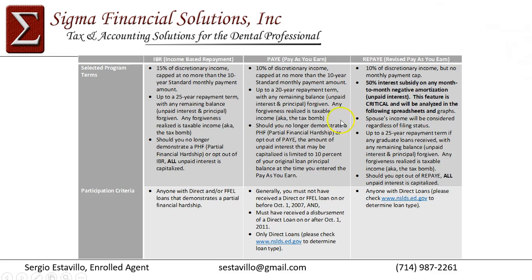There is a cap established. Also, there's a 20-year repayment term. And again, as with IDR, any remaining balance after 20 years of payment, including the unpaid interest and principal, is forgiven, but that forgiveness is taxable.